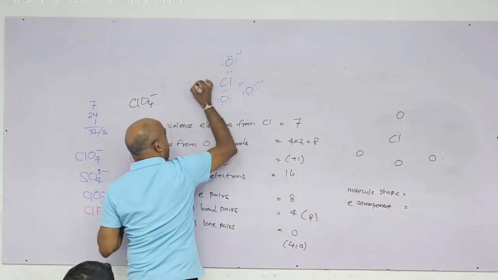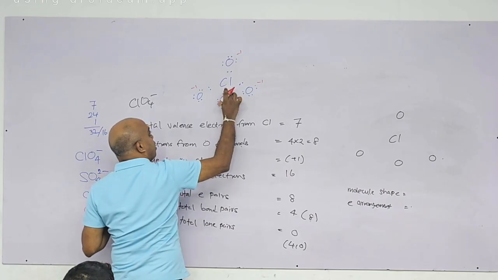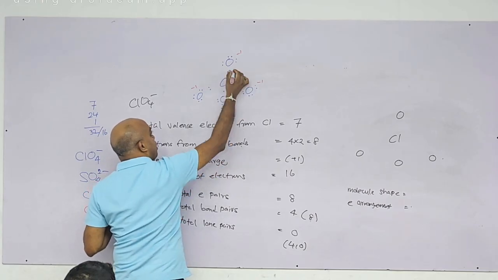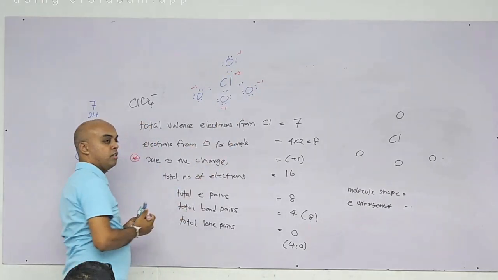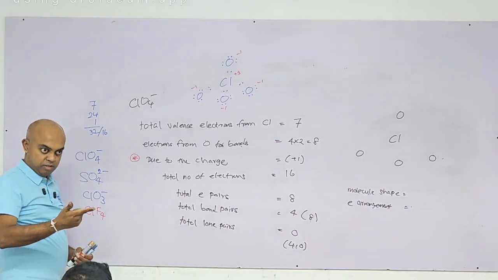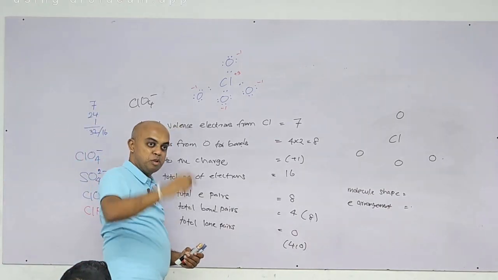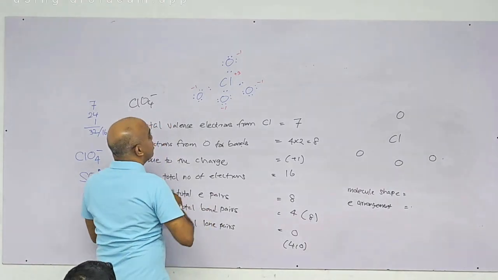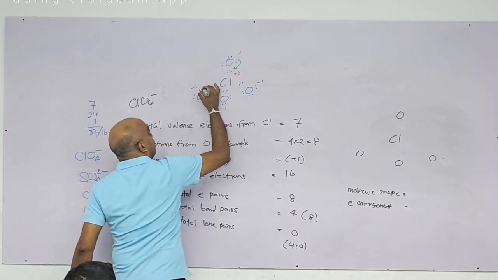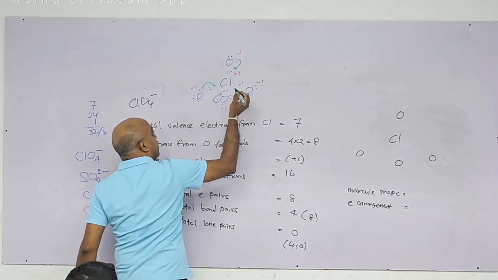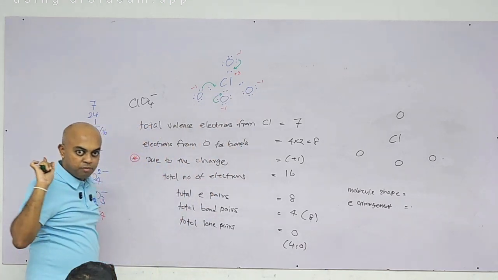Minus 1, minus 1, minus 1, minus 1. Chlorine we have placed 1, 2, 3 and 4. So this should be plus 3. It should be 7, but we have placed 4 only, right? Then our dative bond concept, right? So what shall we do? 1 from here, 1 from here, 1 from here. Then we stop from here, right?